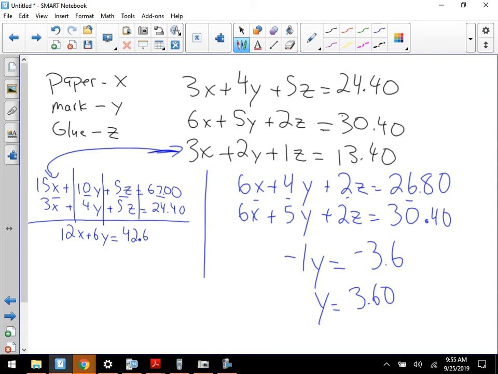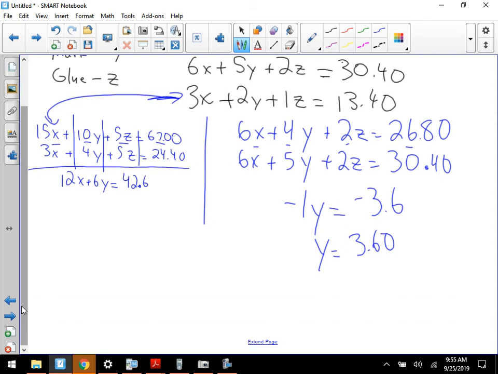So y is 360. That means 12x plus 6 times 360 is 4260. X is going to be some number I don't know off the top of my head. I think it was cheap. $1.75.